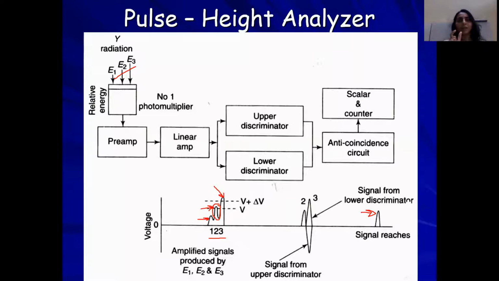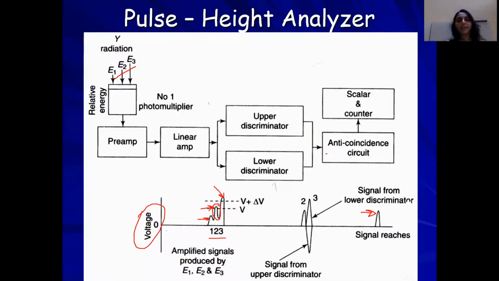That means it acts as a window or gate that will pass only that height of pulses. So it is called a pulse height analyzer. It does not measure the height actually, but it measures the voltage. The height is indicating the voltage of the pulse.